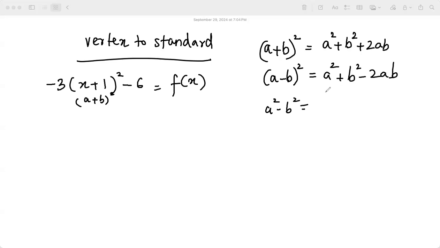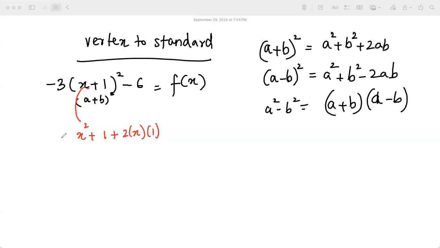This is a plus b. Please note this down. This is so very important. You have to be able to say a plus b the whole square means a square plus b square plus 2 times a times b. If you write everything down, you will never make mistakes.